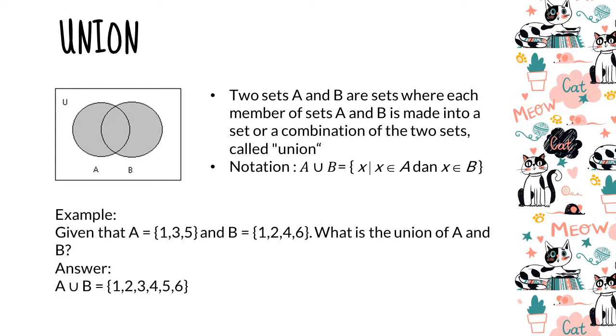For example, given that A equals {1, 3, 5} and B equals {1, 2, 4, 6}, what is the union of A and B? The answer is the union of A and B equals {1, 2, 3, 4, 5, 6}.